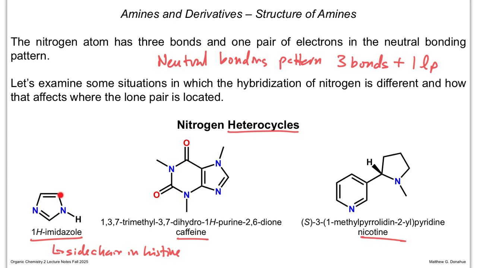We can count the bonds, 1, 2, 3. Those are sigma bonds. Then here, this one we have sigma, sigma, and pi, so that's 3. Put those lone pairs in. For caffeine, now we have 4 nitrogens. Again, you can count the bonds. Just throw in the lone pairs, and then nicotine has 2, so there are the lone pairs.